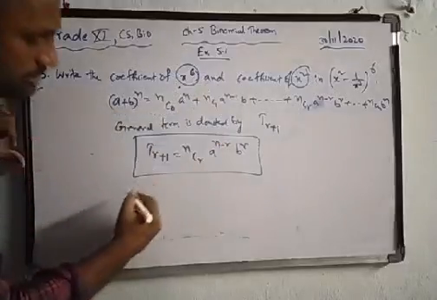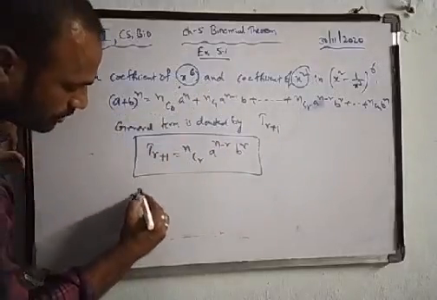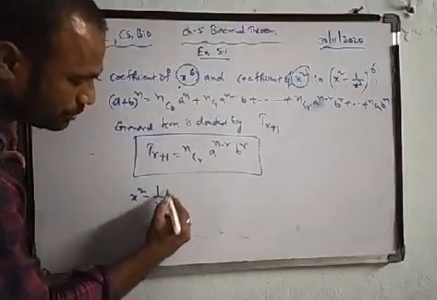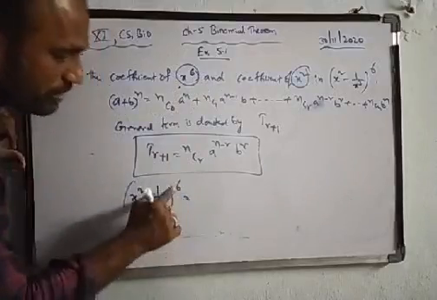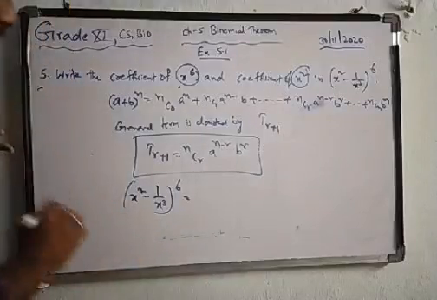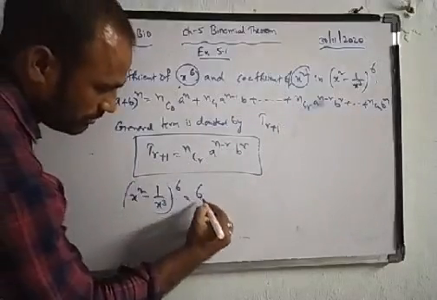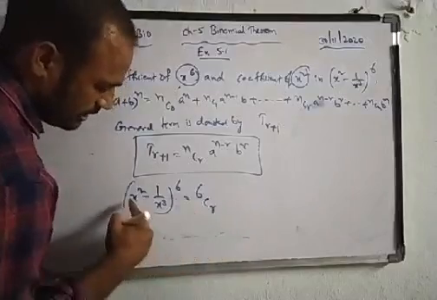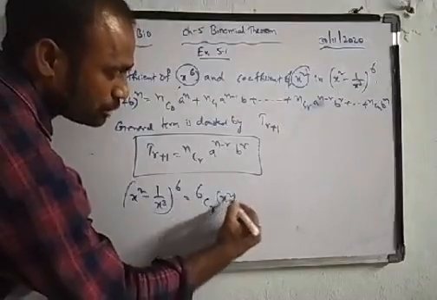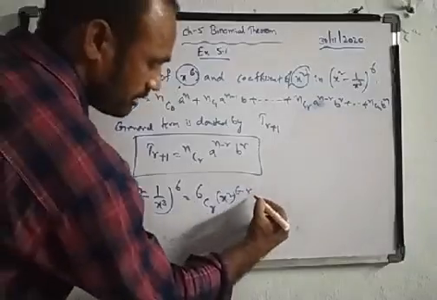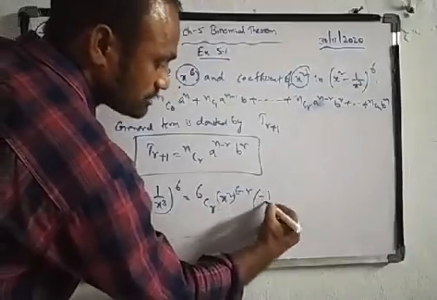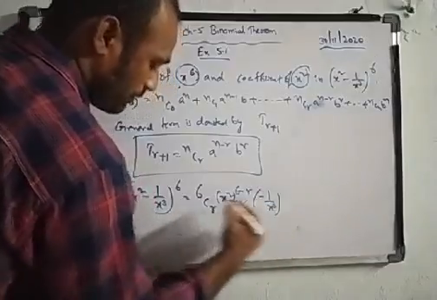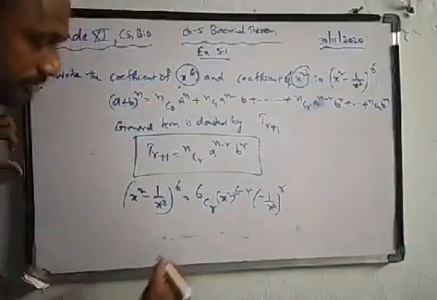Now since the given question is x square minus 1 by x cube whole to the power of 6, n value is very clear that it is 6, we don't know the r value. So let me substitute in this, it will be 6Cr, a value is x square whole to the power of 6 minus r, b value is minus 1 by x cube whole to the power of r.